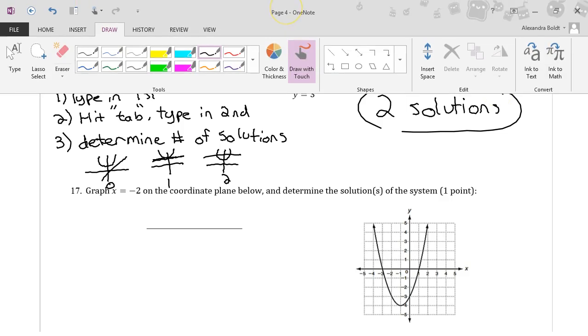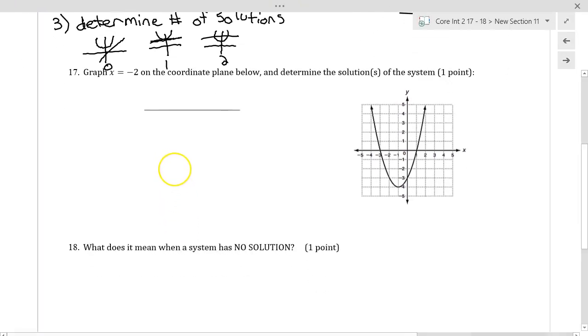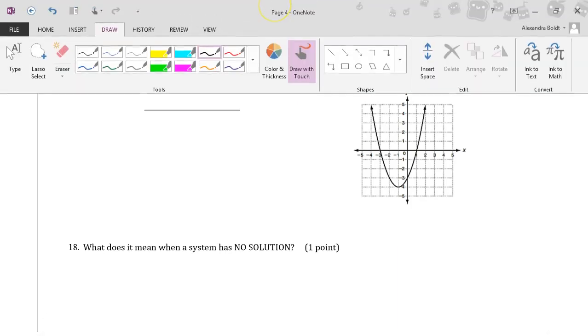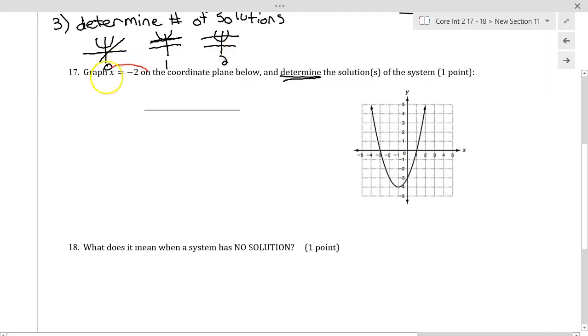All right, looking at number 17, graph x equals -2 on the coordinate plane and determine the solutions of this system. This one is actually telling me to determine the solution, or solutions, not just state how many there are. Okay? So I'm going to graph x equals -2.